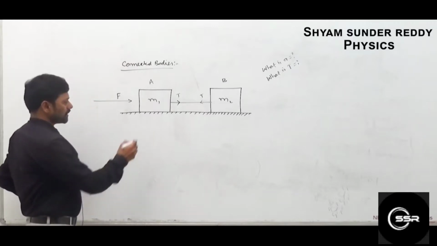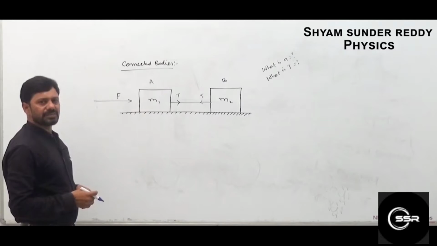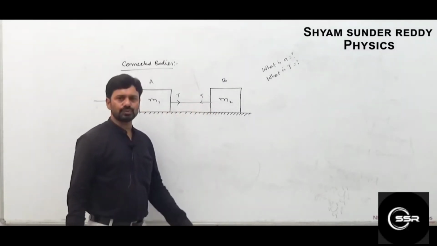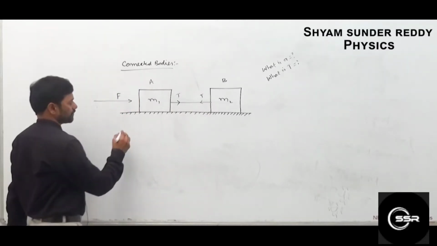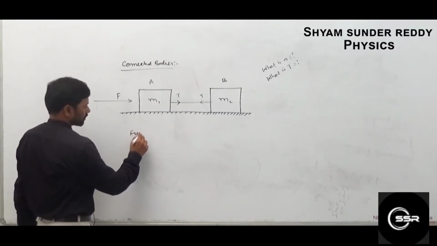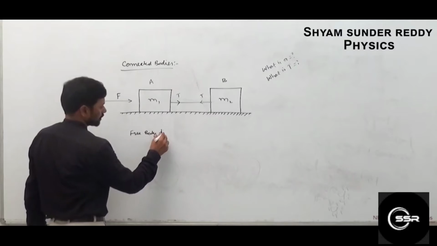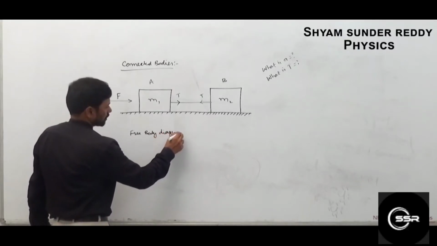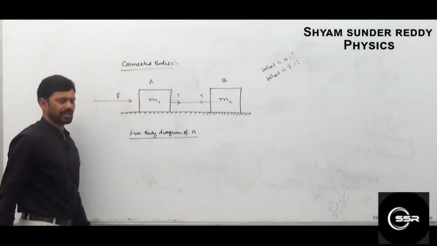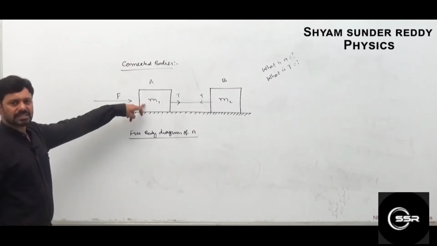Look at this. First, we need to find the FBD, free body diagrams of M1 and M2. First, we write the free body diagram of block A. We need to take M1 as a point mass.